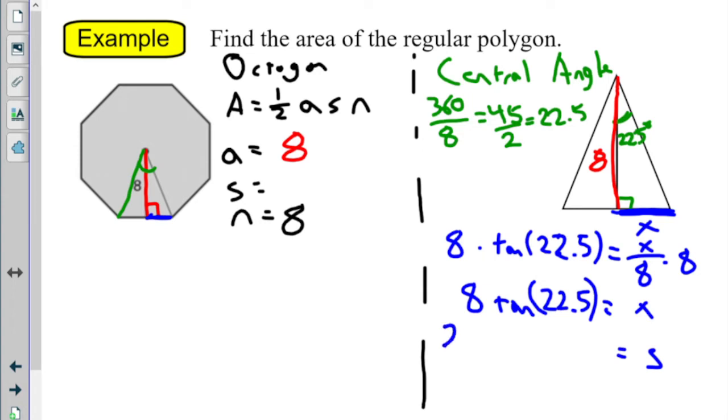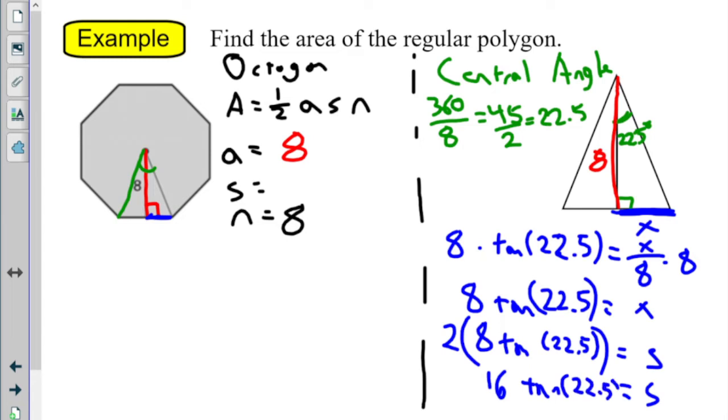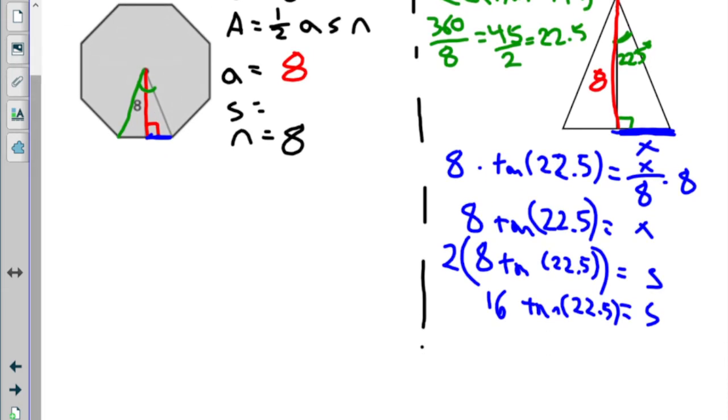So to get our side length, we're going to double that 8 tangent of 22.5, which is 16 times the tangent of 22.5. 2 times 8 is 16, and then we keep the tangent how it is. Now, here's something else you'll see me doing.